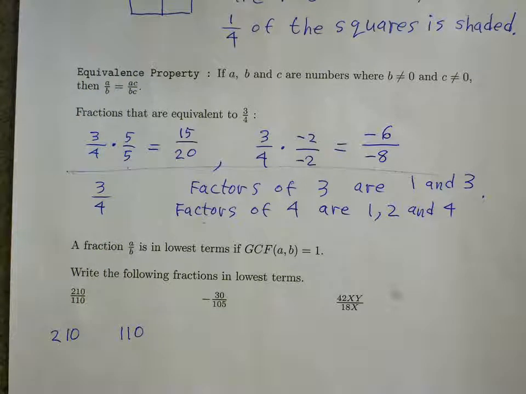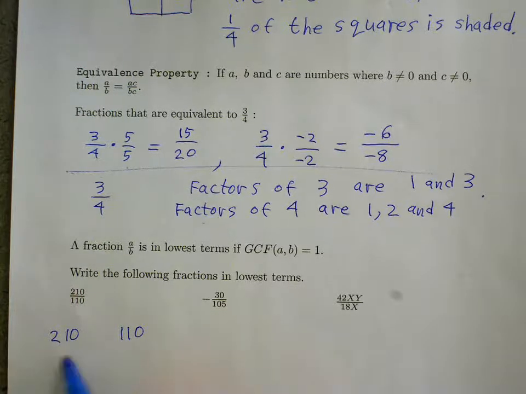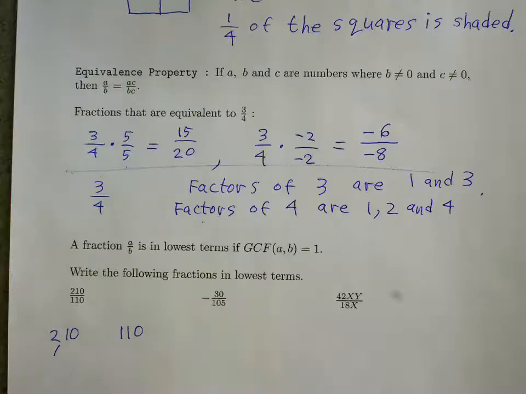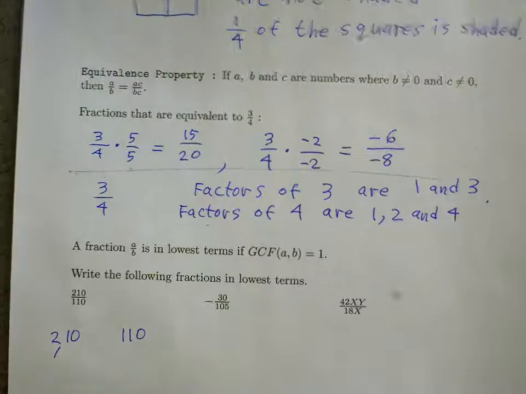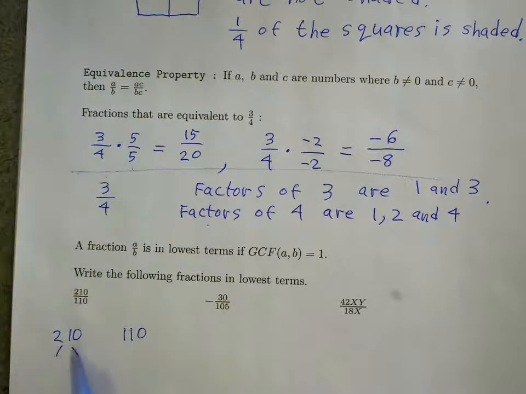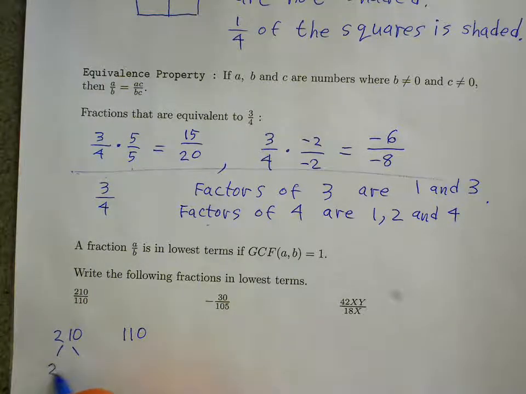If we use prime factors, in a more basic math class, you might have learned how to find the prime factorizations of integers. So you can think of 210 as 2 times 105.